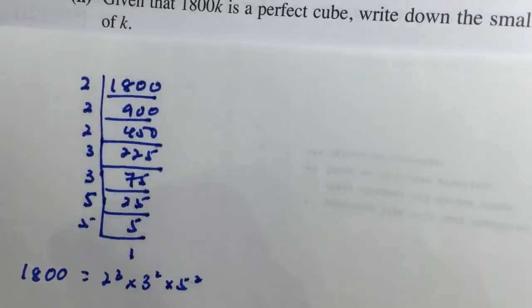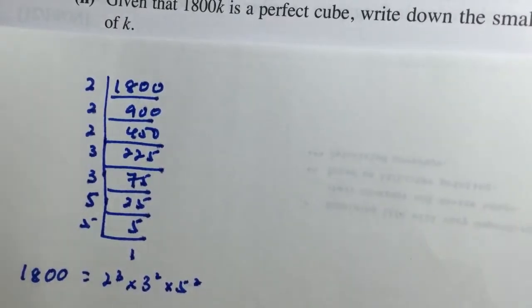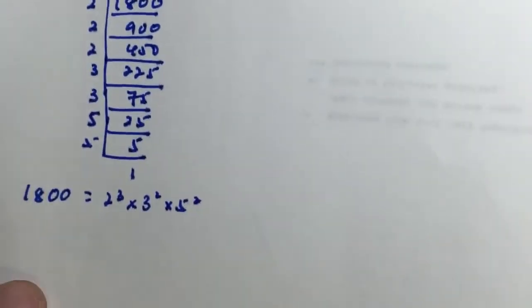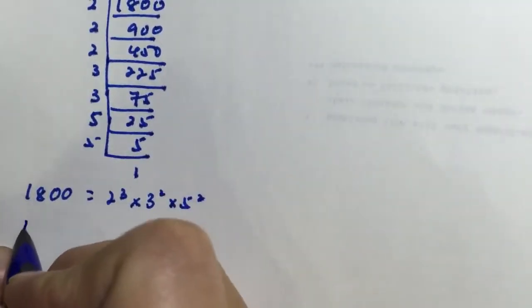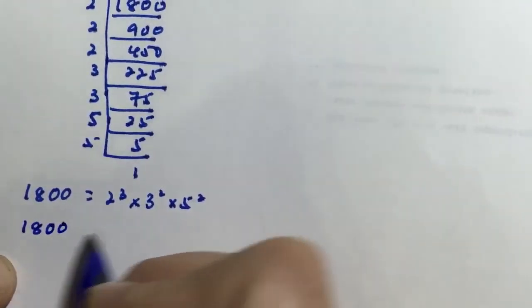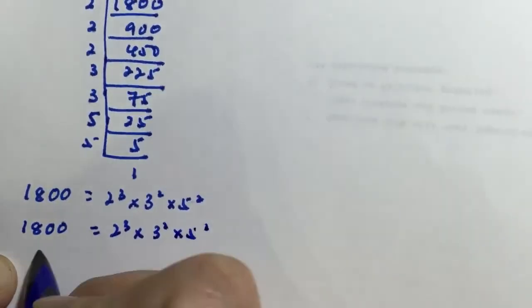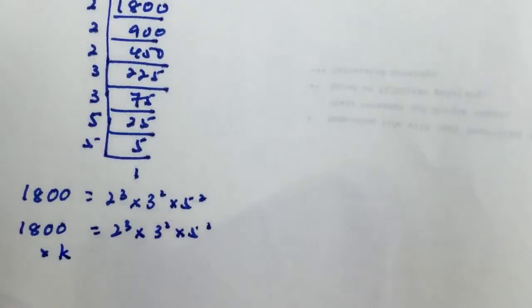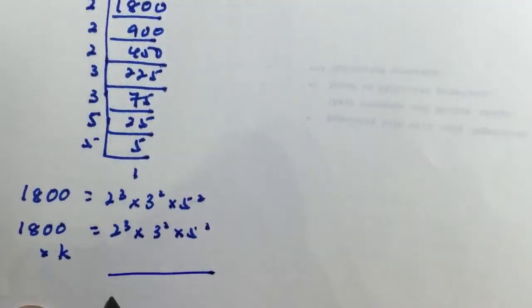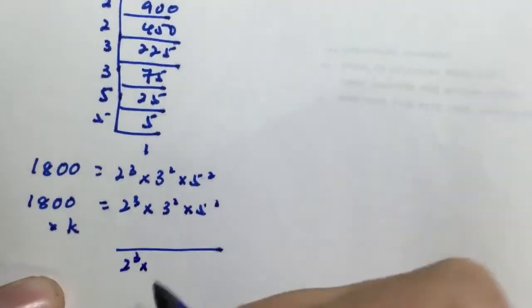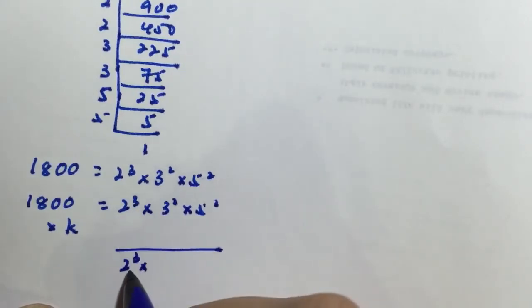So we have to understand that we are going to use the previous answer to help us. We want a perfect cube. So this is 1800, which is 2 cubed times 3 squared times 5 squared. I'm going to multiply by a number that I do not know, but I must end up with all of them being cube numbers. So I need 2 cubed, which I already have.